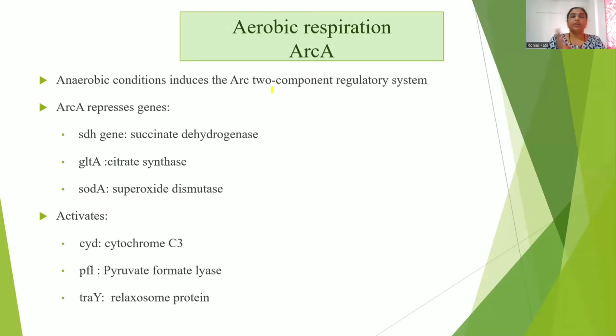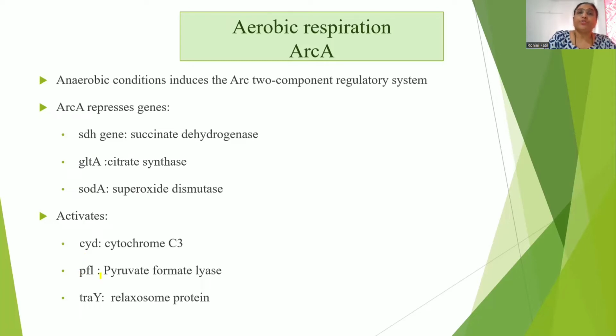When E. coli has to switch from aerobic to anaerobic respiration, the regulatory system activated is Arc, a two-component regulatory system, whose components are ArcA and ArcB. ArcA is a regulatory protein that represses aerobic respiration by switching off genes like sdh, gltA, and sodA, and it activates genes required for anaerobic conditions, like cyd and pfl.